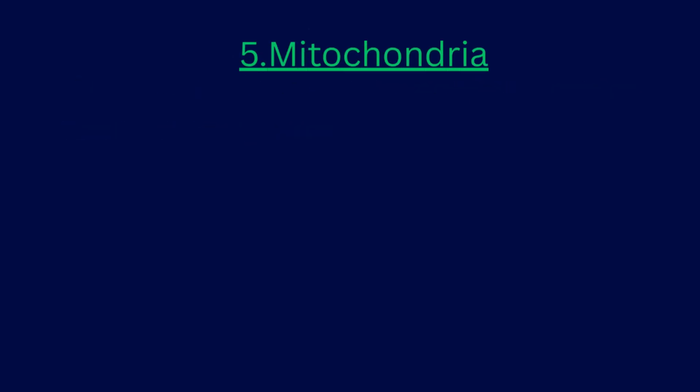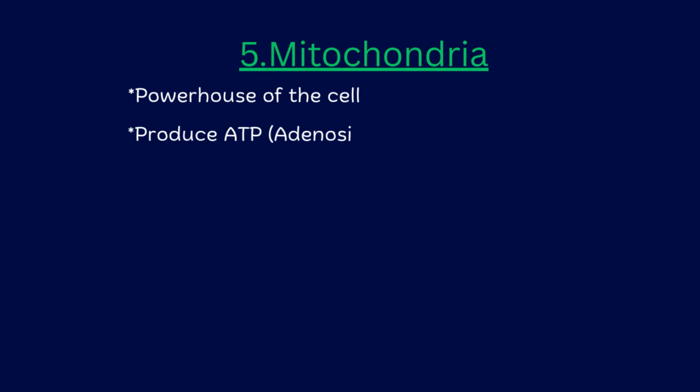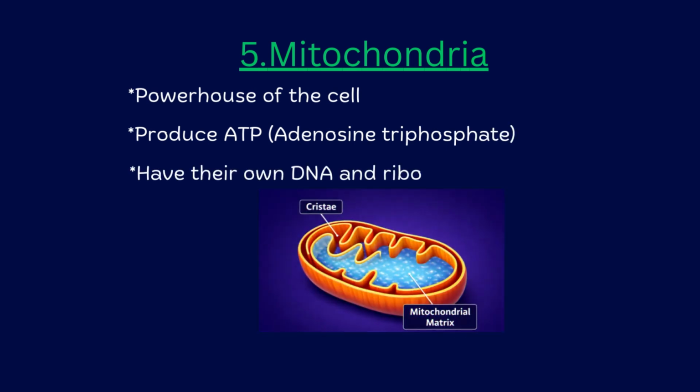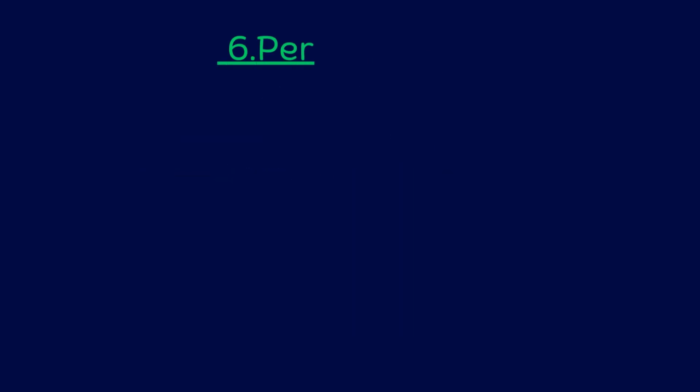The mitochondria, often called the powerhouse of the cell, produce ATP, that is, adenosine triphosphate, which is the main energy-carrying molecule of the cell. Mitochondria have their own DNA and ribosomes. The folded inner membrane is called the cristae, and the fluid inside is the mitochondrial matrix.